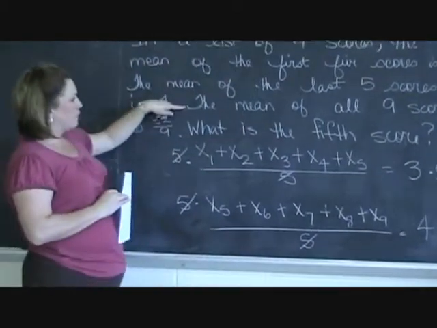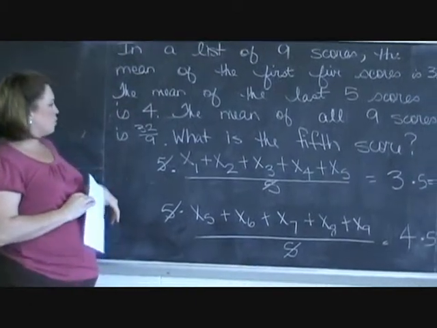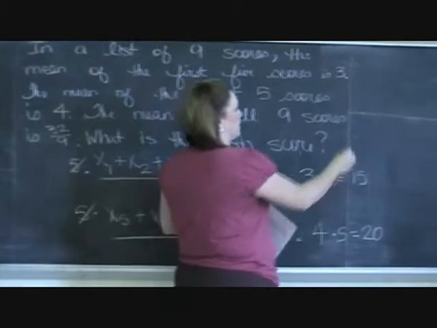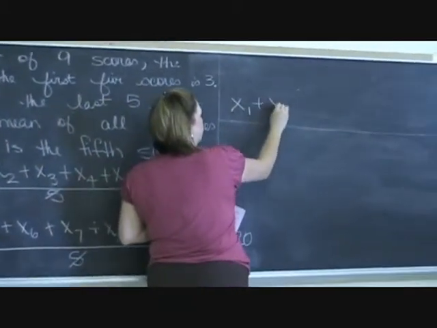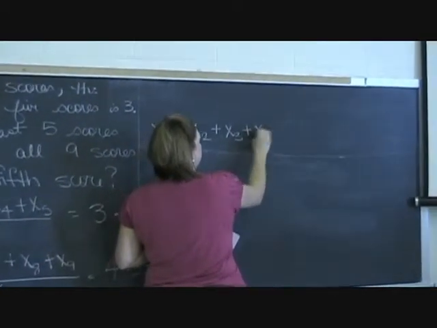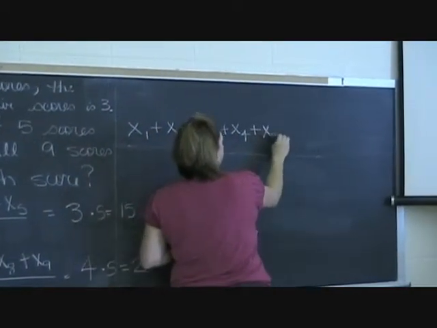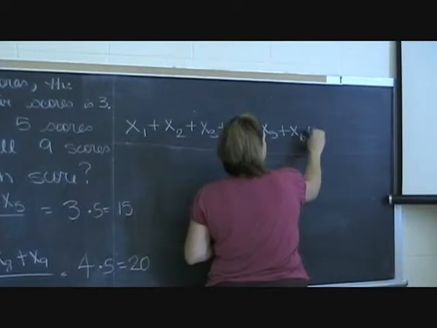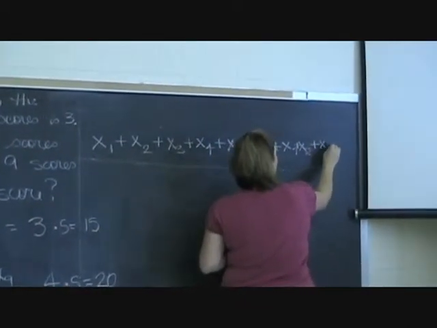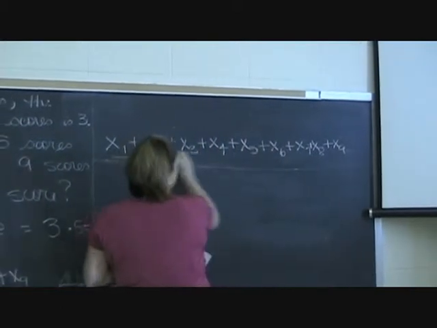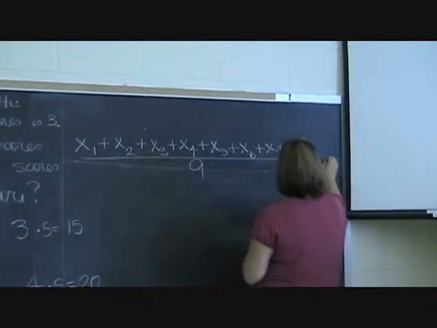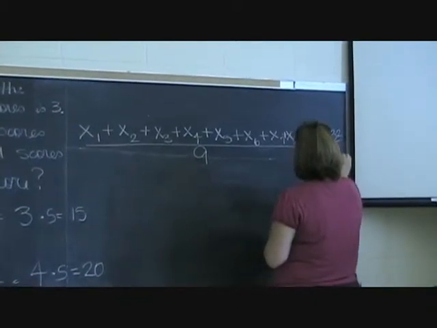Now we have to deal with the fact that the mean of all 9 scores is 32 over 9. So if you think of the 9 scores as x1 plus x2 plus x3 plus x4, x5 plus x6, all the way up through x9, the sum of all that divided by 9 gives us 32 over 9.